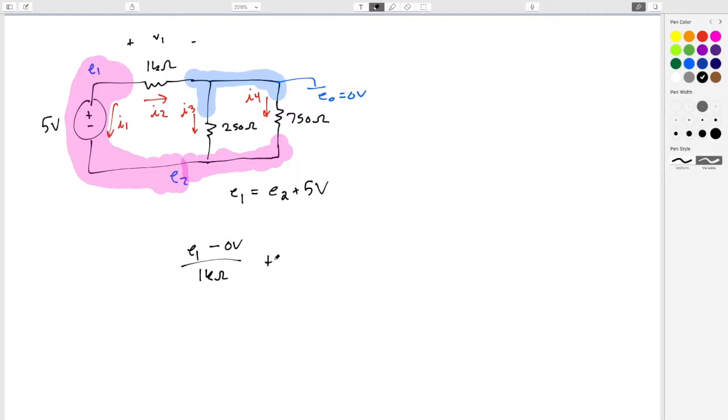So plus E2 minus 0 volts over 250 ohms, and then plus E2 minus 0 volts over 750 ohms equals 0. So that's a KCL nodal equation for this giant supernode concept.